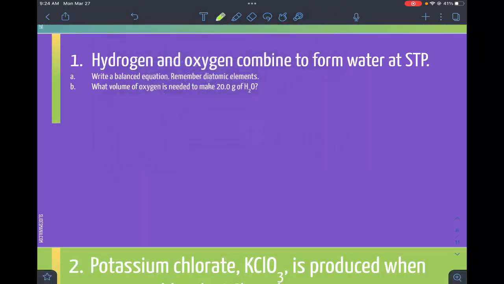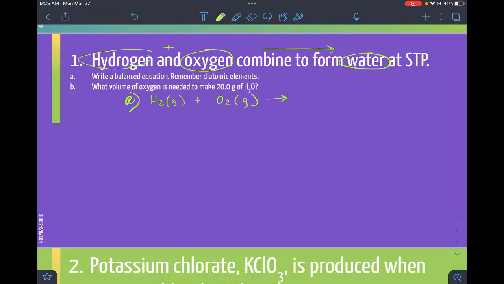So, number 1, hydrogen and oxygen combine to form water at STP. A is going to be write a balanced equation, and B, what volume of oxygen is needed to make 20 grams of H2O. All right, so let's start. Hydrogen and oxygen combine to form water. Hydrogen and oxygen are both diatomic elements, so this is going to be H2, and that is a gas, plus O2, also a gas.